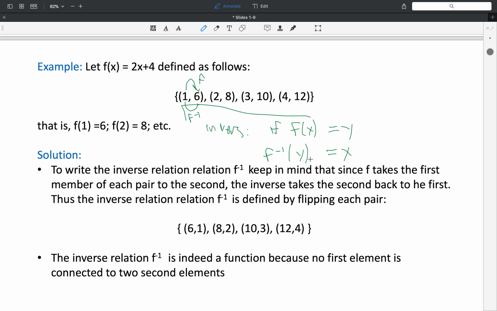The y's of f of x are the inputs of f inverse. So basically all that means is you switch these around, which I've done here. Now the domain of the inverse is going to be 6, 8, 10, 12. And notice that no 2 points in the domain go to the same place. So each input of f inverse has a unique output.